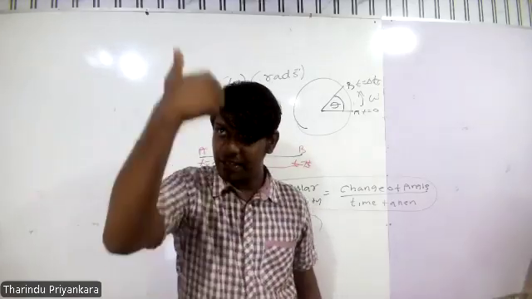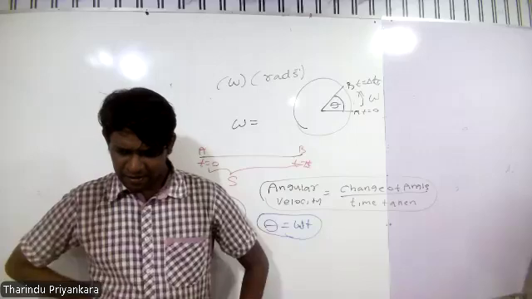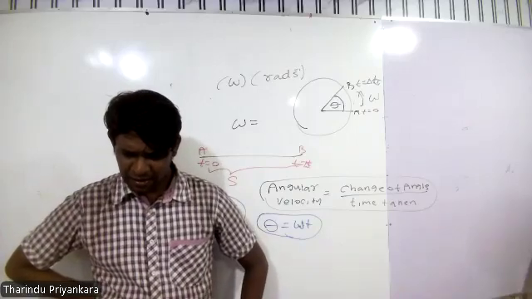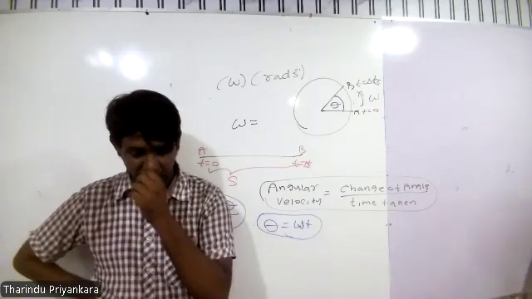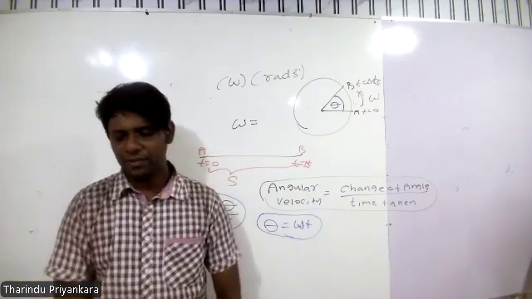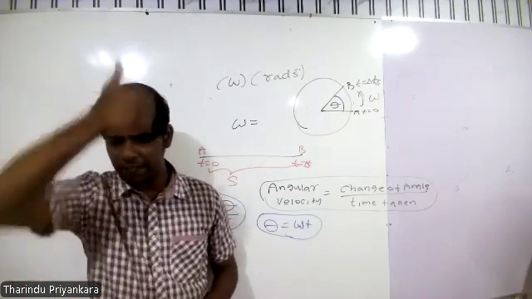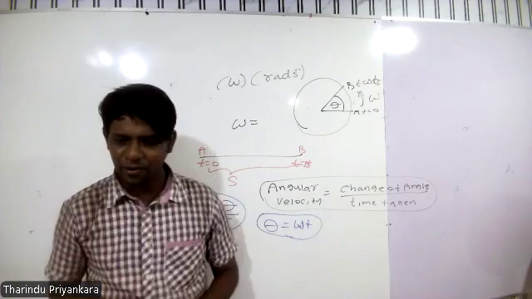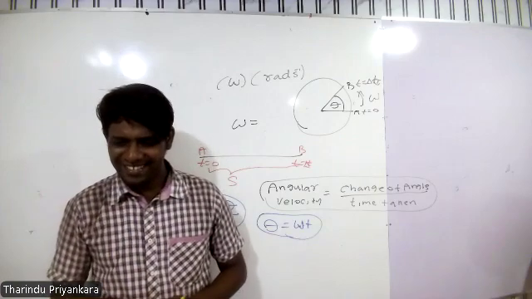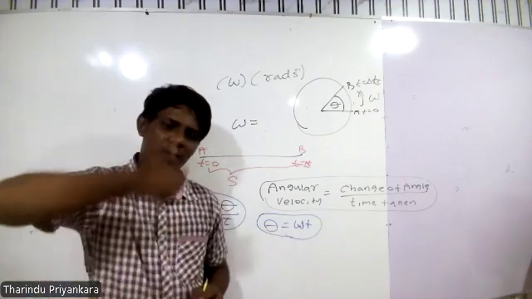The angular velocity is up here. No, it's not clockwise or anti-clockwise. It is upward. It is a vector in a certain direction. There is no direction like clockwise and anti-clockwise.